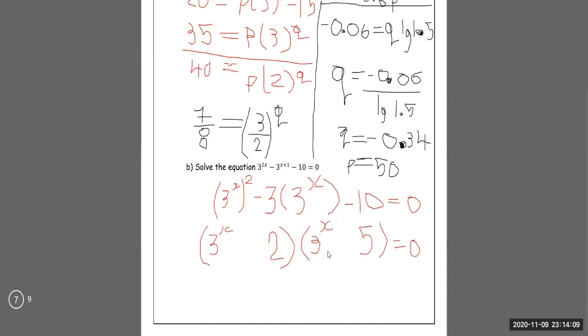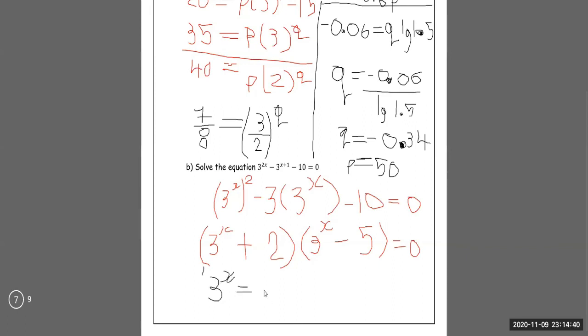Now the only way it can be negative 10 is if this 5 is negative and this one is positive. That's how we would split that. Now, once we get to this stage, the part that's going to give us 3 to the x equal negative 2 won't have a solution, right?